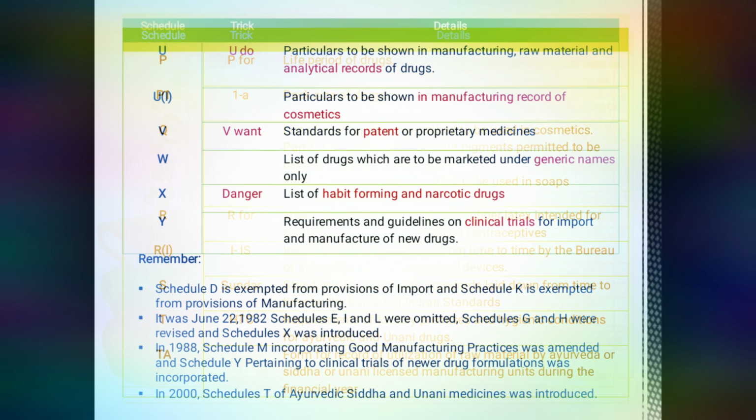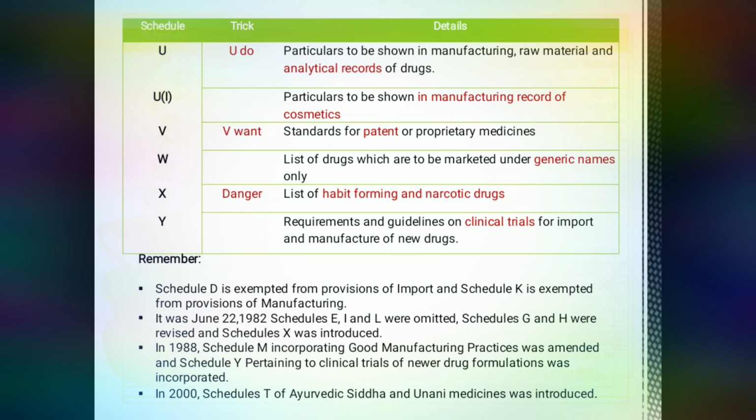Then the next schedule is schedule U, right? So whenever it comes to part of documentation, any of the analytical record, we try to skip out of it. So we always say you do. Okay, so schedule U is about particulars to be shown in manufacturing, raw material and analytical record of drug.